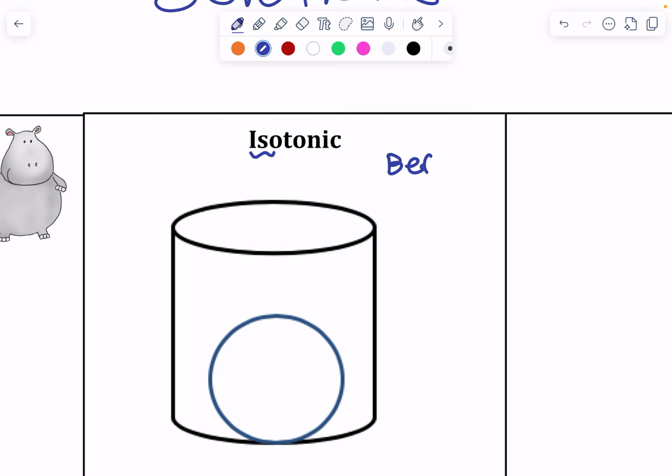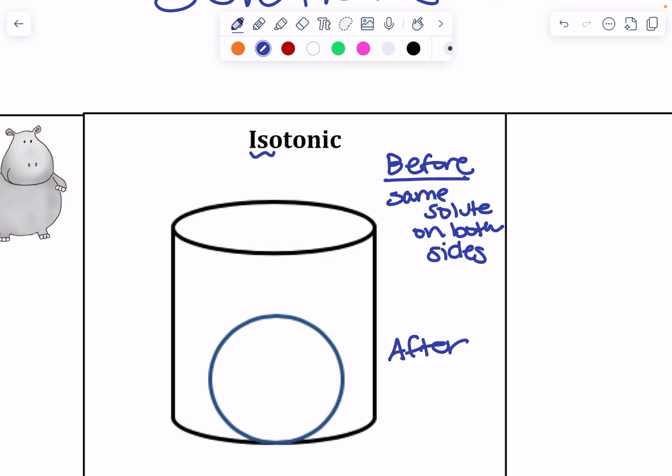So the before is the same solute on both sides. Then the after we will describe in a second, but I'm going to go ahead and draw some dots, 3 dots, and say the same amount of solute on both sides.